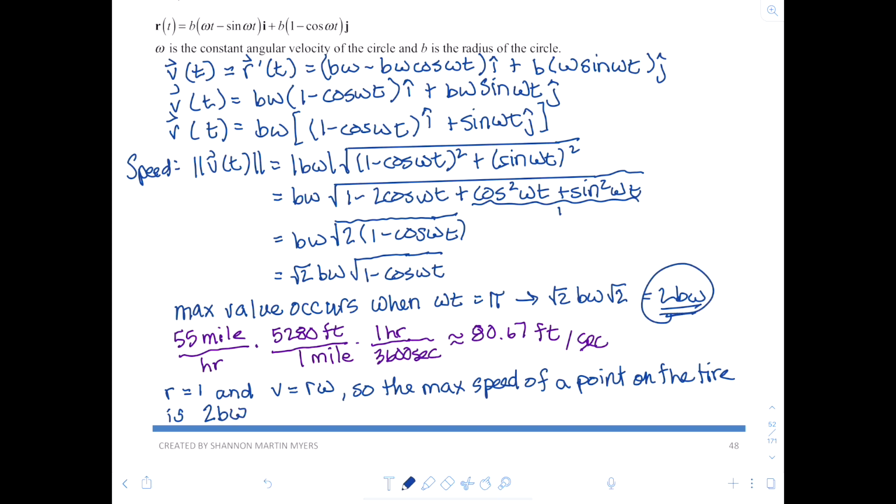That's from over here, which remember was the max value of the speed of a point on the tire. Okay, and so since the radius is equal to 1, this would end up being 2 times 1 times 80.67, right, from over here.